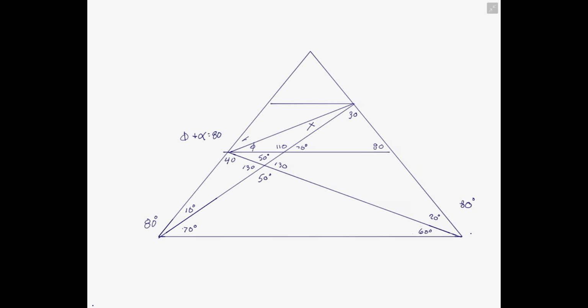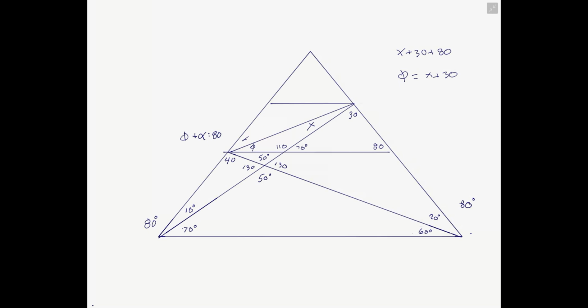He says that phi plus alpha equals 80. We're using similar triangles here.